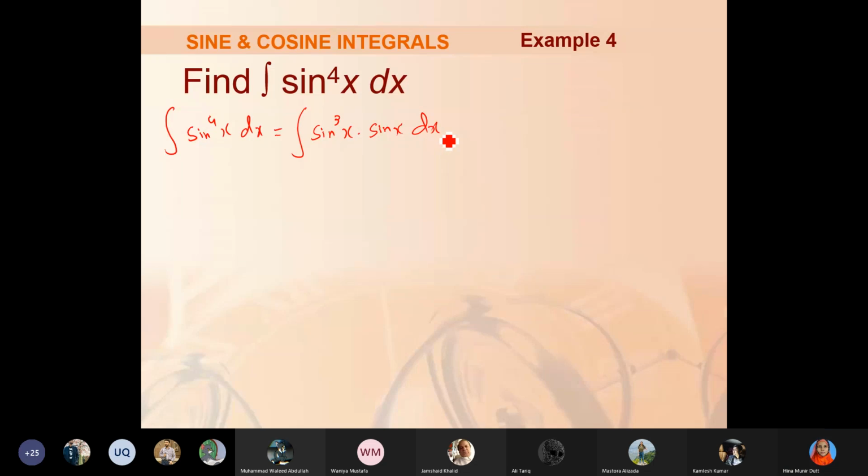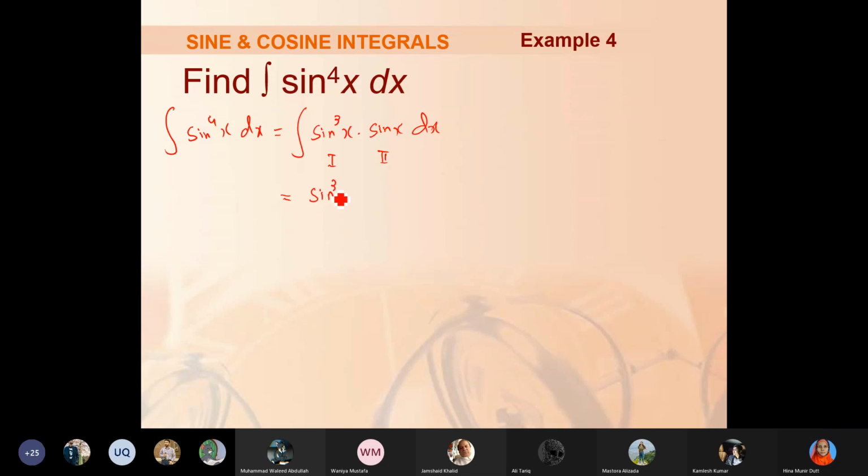By parts. For this we need two functions, so I will separate one power of sine x. The other factor will be sine cube x. Taking sine cube x as the first function and sine x as the second function, I integrate by parts.